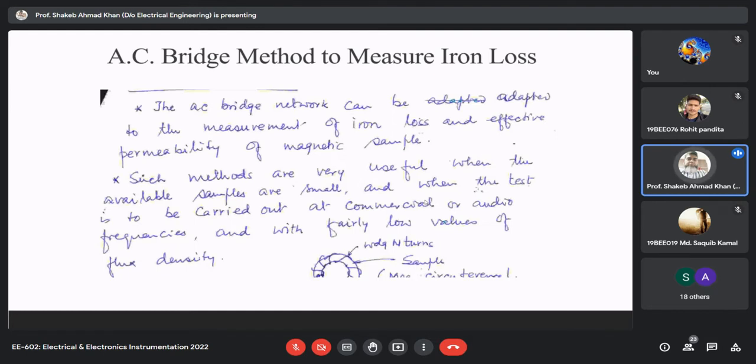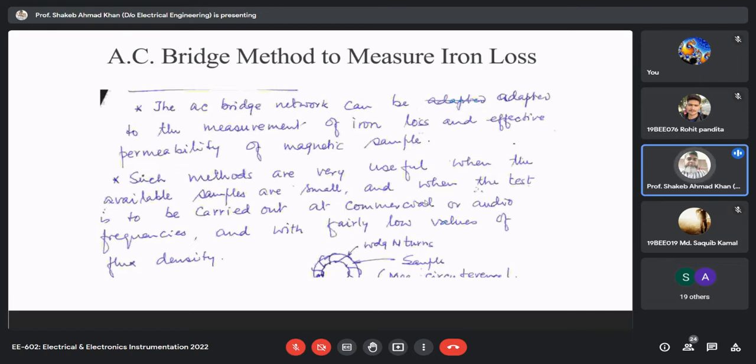Whatever power is consumed by the sample when energized through one of the windings, with the other winding kept open, is basically the iron loss. There is a small error in it, meaning you have to subtract the no load copper loss from the wattmeter reading, and then you will get the iron loss in the core.